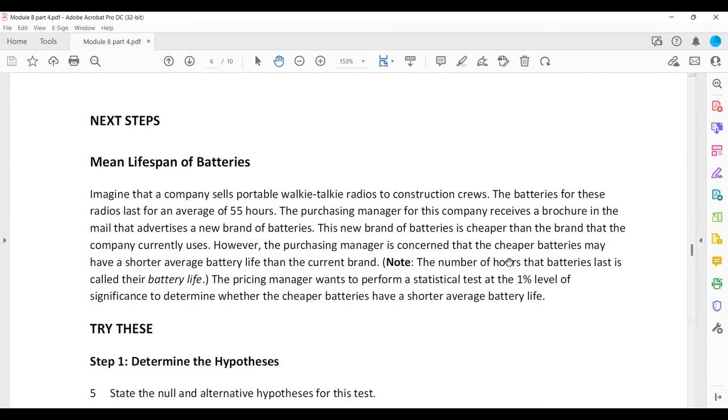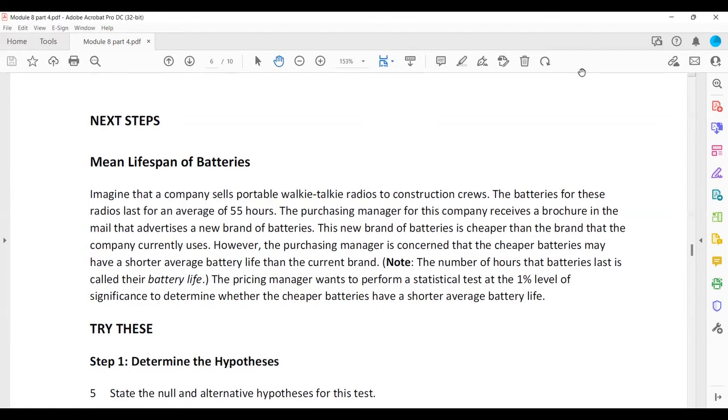Note, the number of hours that the batteries last is called their battery life. The manager wants to perform a statistical test at a 1% level of significance to determine whether the cheaper batteries have a shorter average battery life or not.